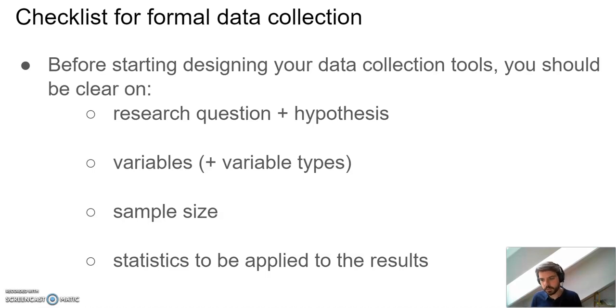What is the specific question? What are the variables? What is influencing what, or correlating with what? And how do you measure that? That's what the variable type tells you. You need to be clear on your sample size, how many data points you want to collect, and you need to be clear on the kinds of statistics that you want to apply to your results.